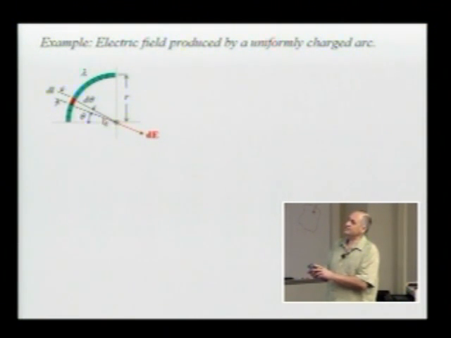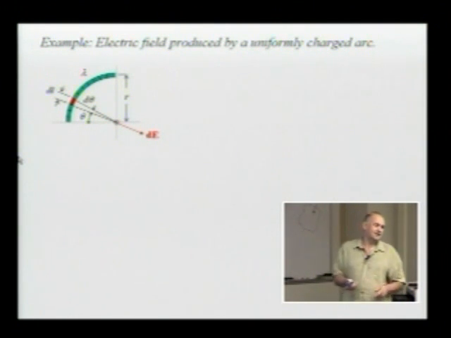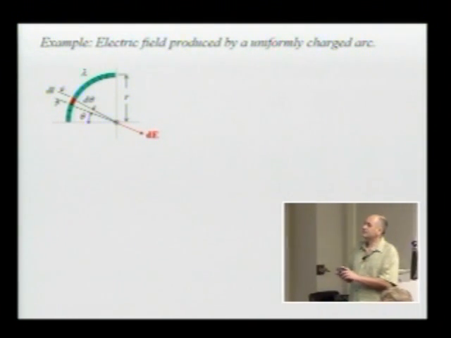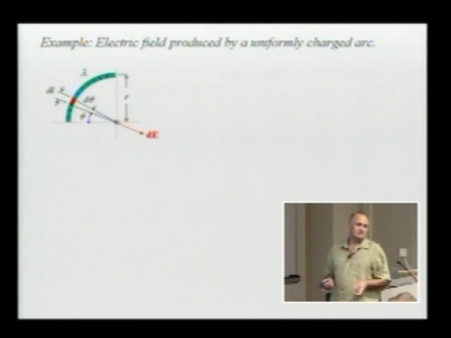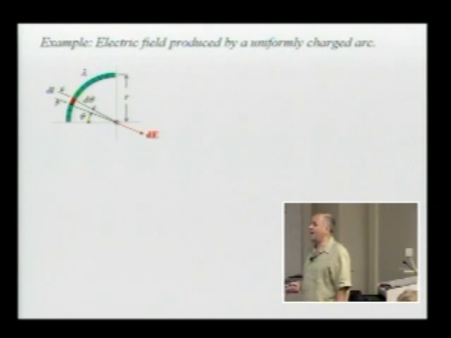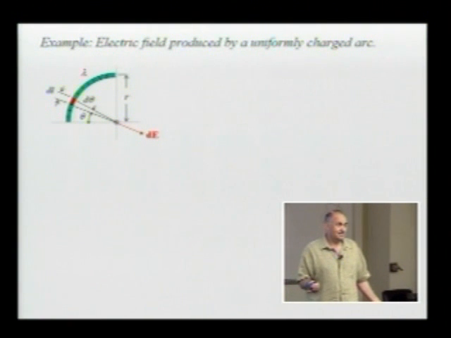and it is confined in that angle d theta, and it is at such a location that this line makes angle theta with the horizontal line. I didn't have to make a drawing exactly this way, but I decided to do it.